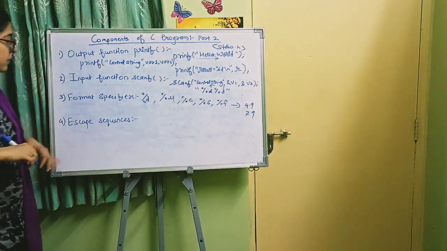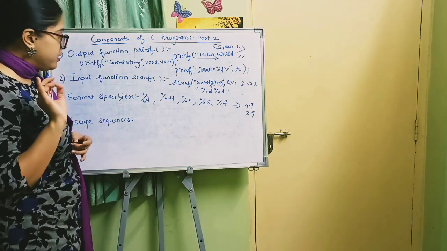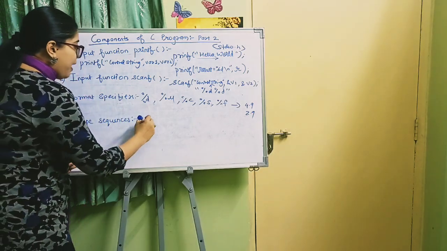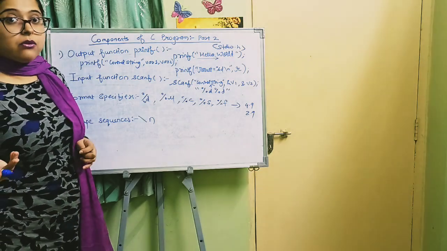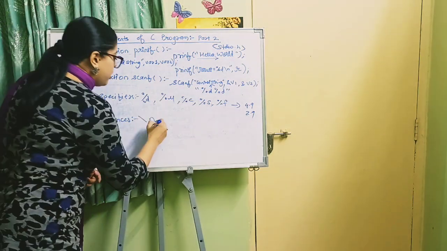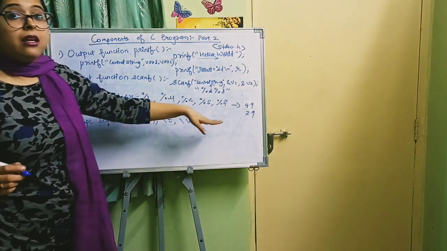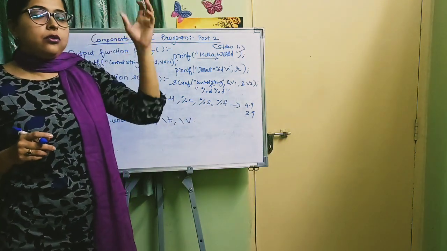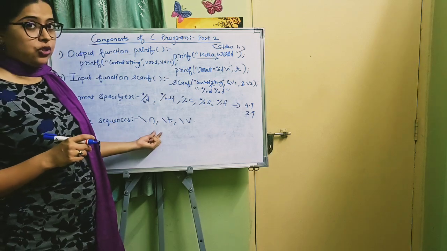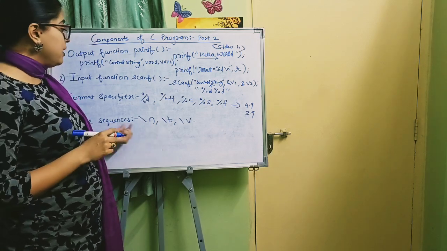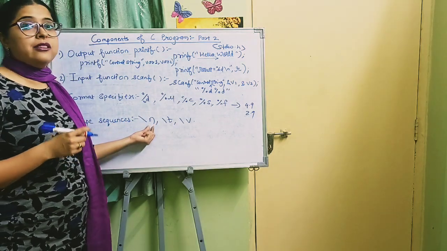Okay, now escape sequences. Escape sequences are a backslash followed by a specific character. An escape sequence can be \n, it can be \t. What does that mean? When we are using a specific character after the backslash, we call it an escape sequence. Here \n represents a new line.